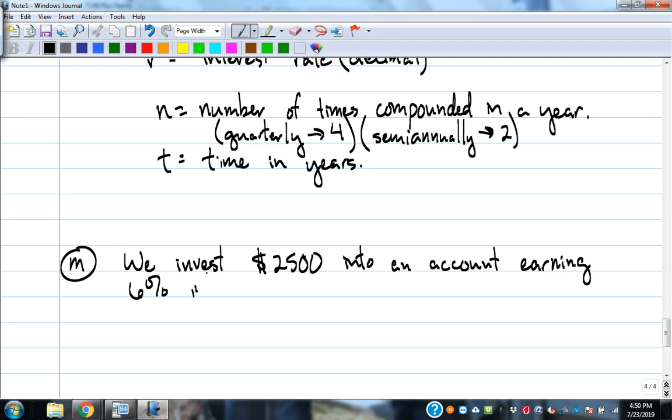If you find one of those accounts, please email me and let me know. I haven't found any that earn near that. It earns 6% interest compounded quarterly. For, let's say we put it in there and we're going to leave it for 2 years.